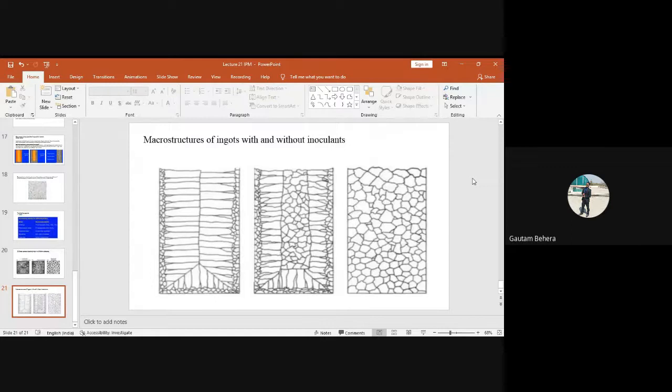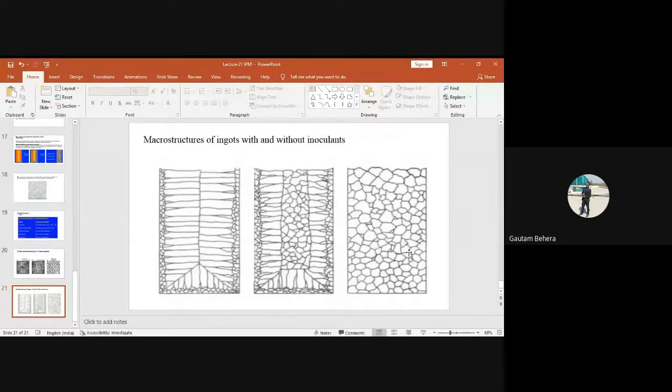The same image has been magnified and shown over here. Just have a look. My macrostructures of ingot with and without inoculants or foreign particles or nucleating agents. This is equiaxed grain only. This is small equiaxed grain and columnar grains. This is small equiaxed grain, columnar grain, and big equiaxed grain.